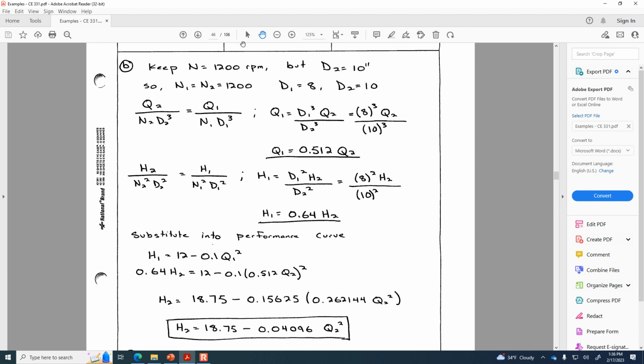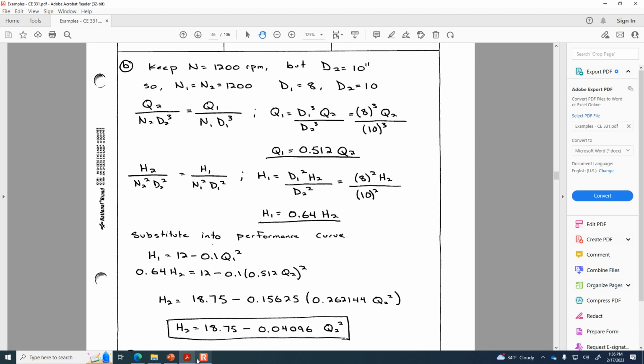So look, when we're keeping the same rotational rate, but increasing the diameter, you've got a little bit higher cutoff head, went from 12 to 18, but the real difference is the reduction in that coefficient. So the drop-off of head with increasing flow rate is less severe than it was in the original case. So the curve is going to be flatter. You can get a much higher flow rate without having the pump head drop off quite as much.